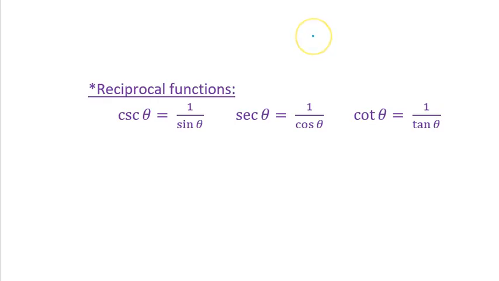Okay, I want to take a moment and talk about your reciprocal functions. Because they partner up and they're the flip of each other, you can also write them as cosecant is 1 over the value of sine, secant is 1 over the value of cosine, and cotangent is 1 over the value of tangent.